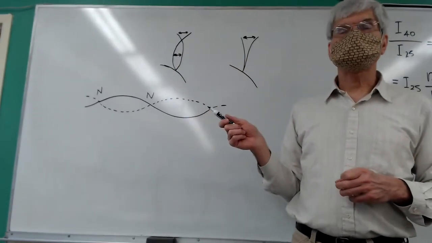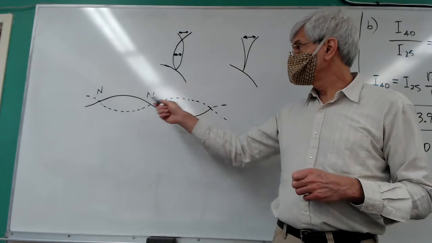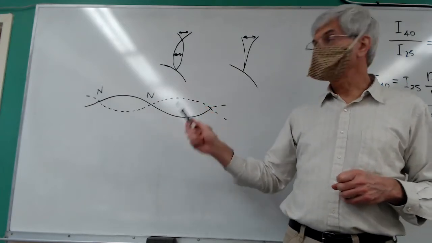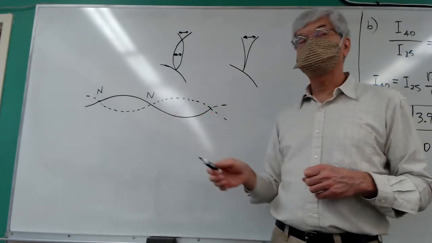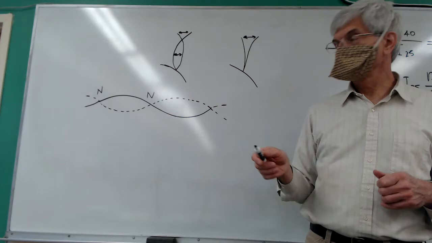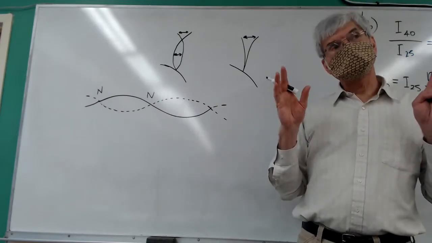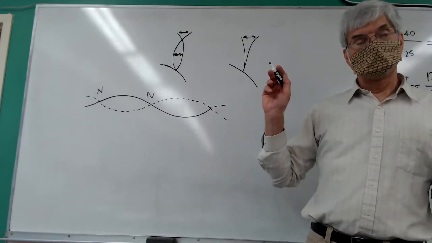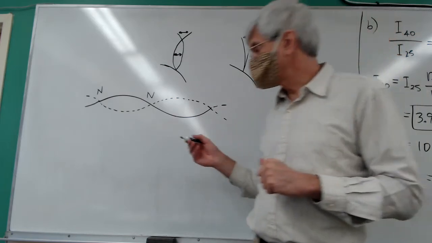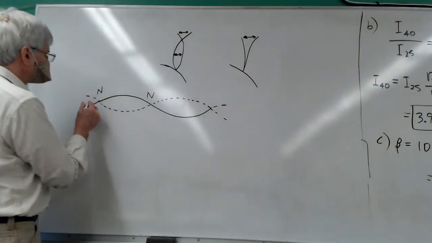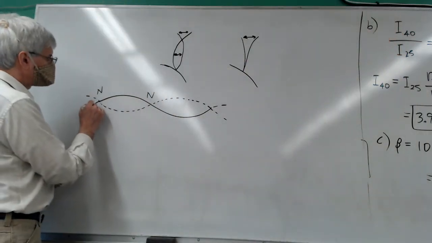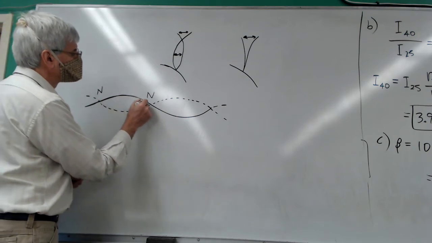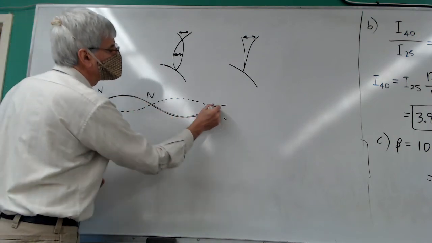This is a common source of error. People use the node to node distance for the wavelength, or the antinode to antinode distance for the wavelength. But if you were to come up with a camera and take a photograph so that you froze an instant in time, what you'd see on that photograph, if you took it at the right moment, would be this solid black line here.